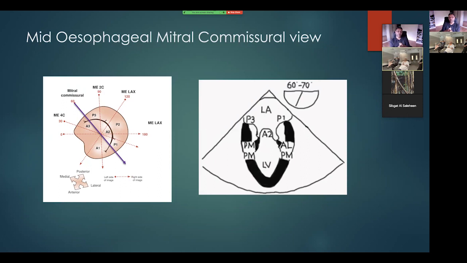Whereas your commissural view is equal to your apical 2-chamber view, where A2 was coming in between: P1, A2, P3. I know it's getting confusing, but apical 2-chamber equals your commissural view, P1, A2, P3, whereas parasternal long axis equals mid-esophageal 4-chamber view, which was A2, P2.